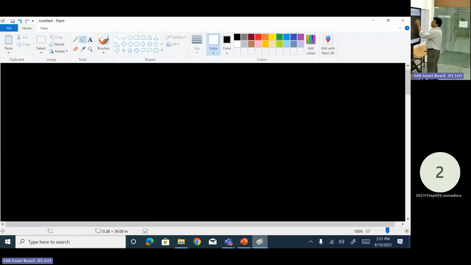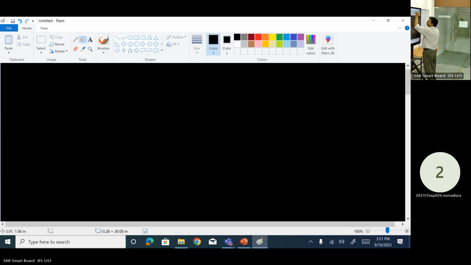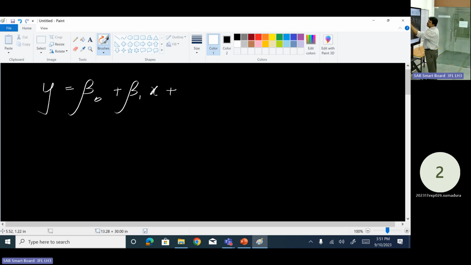Our model is y equals beta naught plus beta 1 x plus the error term. Forget about the error term.